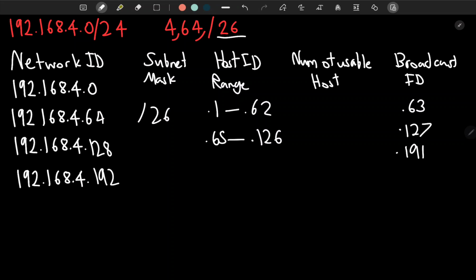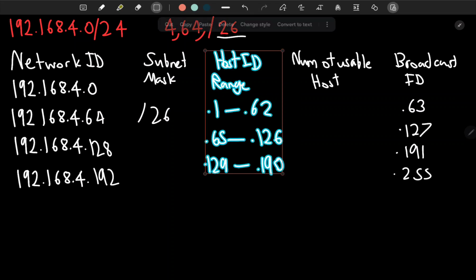So we're adding 64 between each broadcast ID. So the last one will be 191 plus 64, which is 255, and over here we can write the host ID range .129 until .190, since 191 is the broadcast ID.